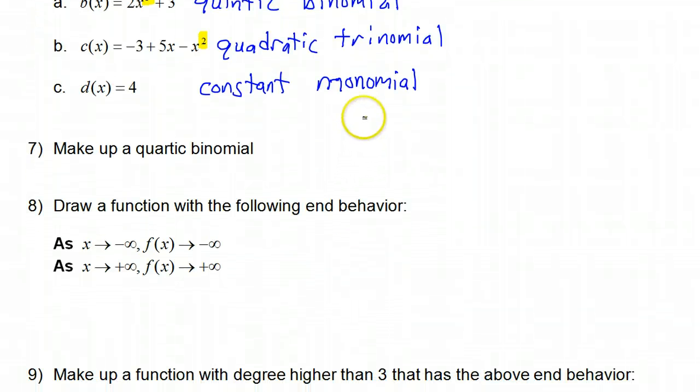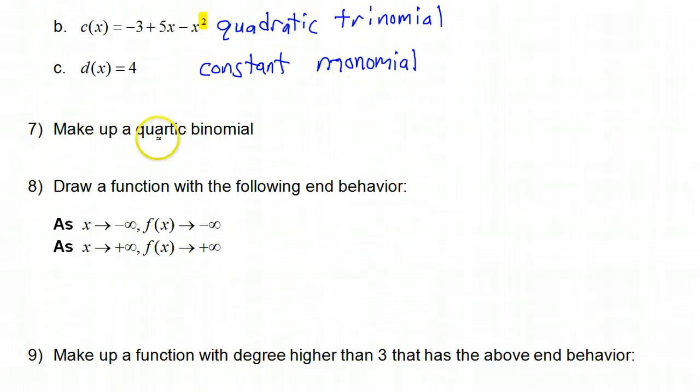Okay. Make up a quartic binomial. Well, quartic is degree 4. So I'm looking for something like x to the 4th power. And a binomial is 2 terms. So it's got to have x to the 4th power in it, and it's got to have 2 terms.